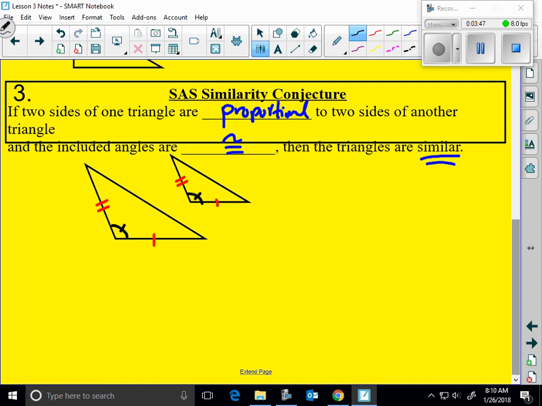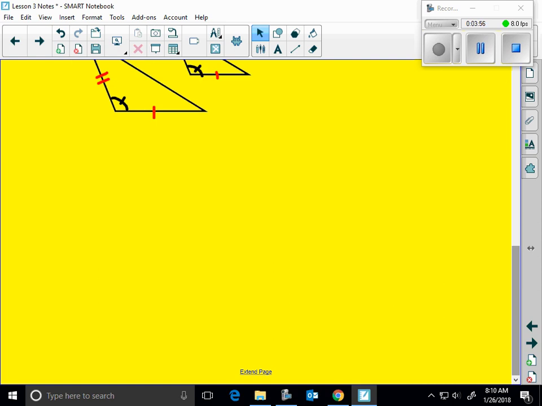Okay. So I want to do a little demonstration, Miss Ospey. I'm going to use the seat there for a moment to draw something out. Okay. So I like Smart Notebook for this reason and many others. But let's say I draw myself a triangle right here. Let's assume for a moment that this isn't equilateral.